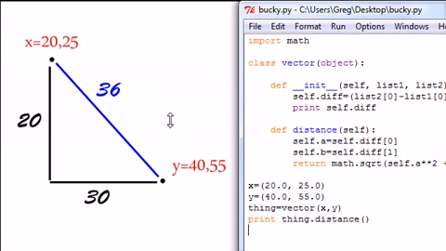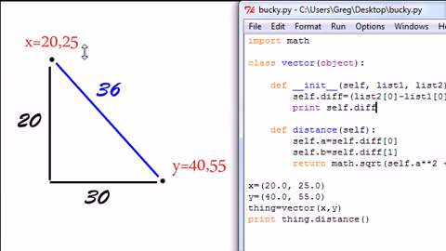So I'll review what we did so far. The first thing we did is we built a coordinate at x, and that's this. We built it at 20, 25. The next thing we did is make a point at y, which was at 40, 55. The next thing we did in this initialization function is created a vector, or found out what the difference was between x and y.